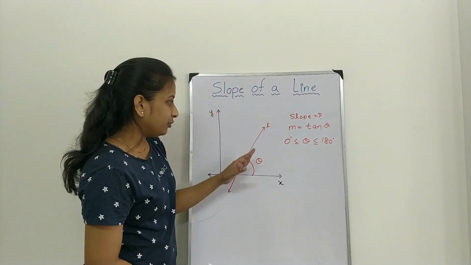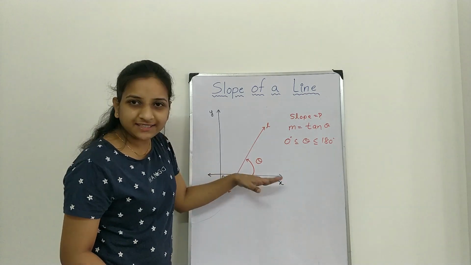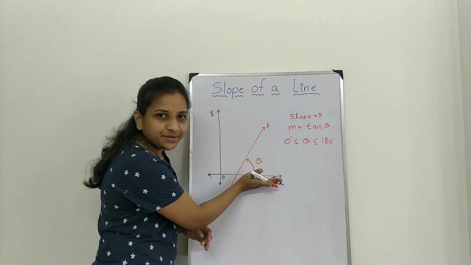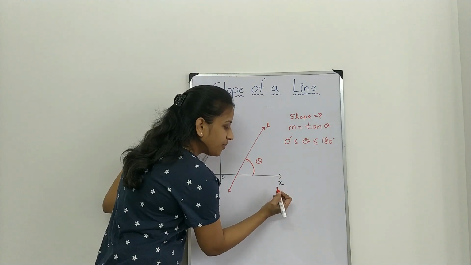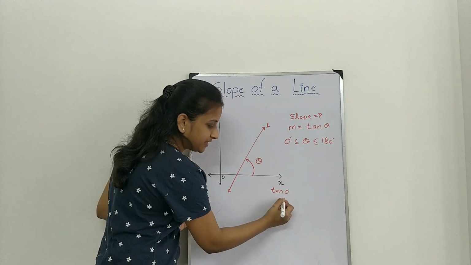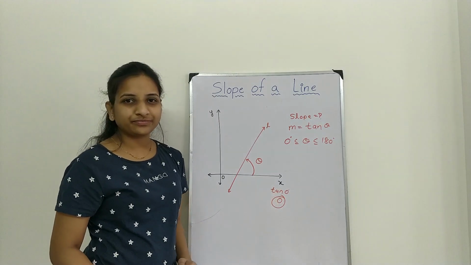Okay. Now slope of this is tan theta. For the x-axis, this angle theta is 0 degree, so slope of x-axis is tan 0. Tan 0 is nothing but 0. Slope of x-axis is 0.